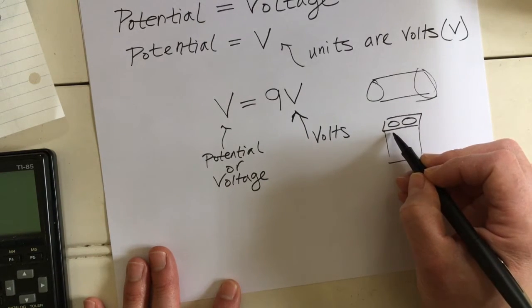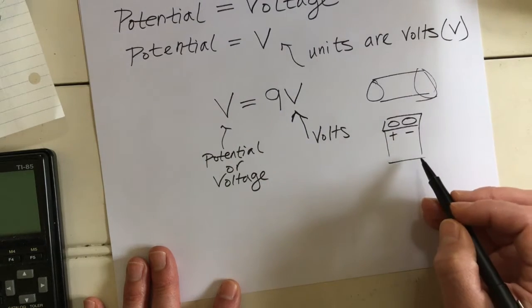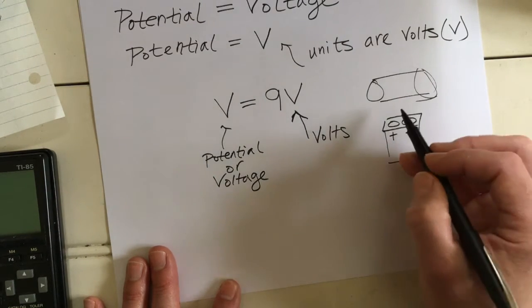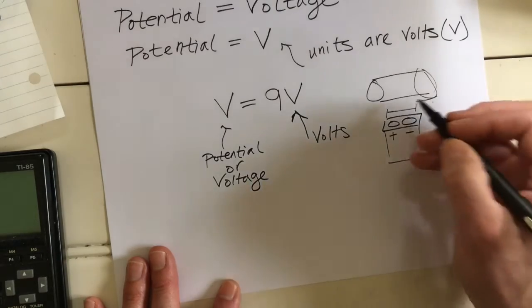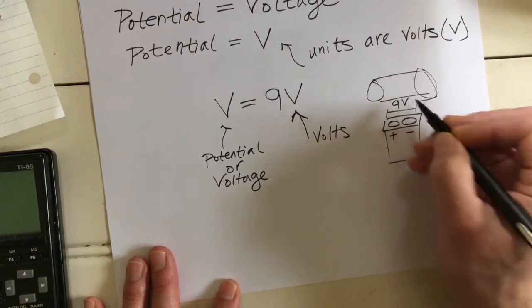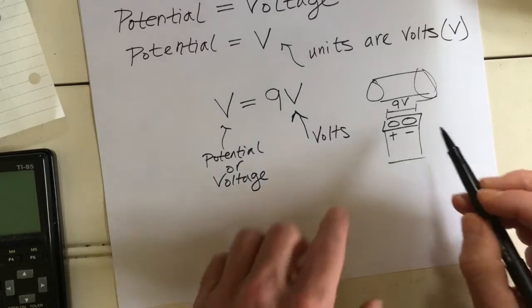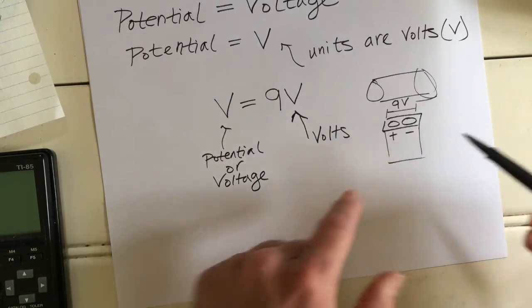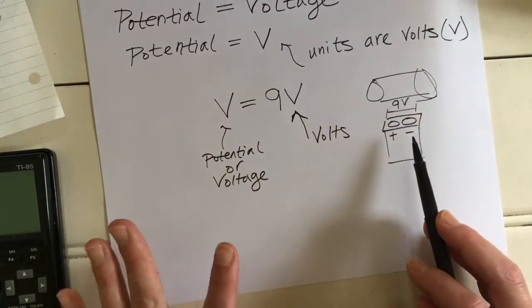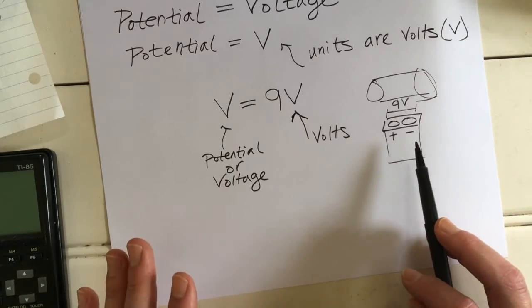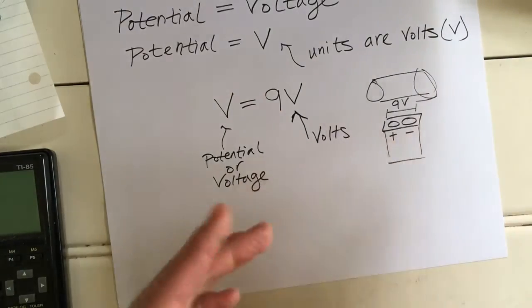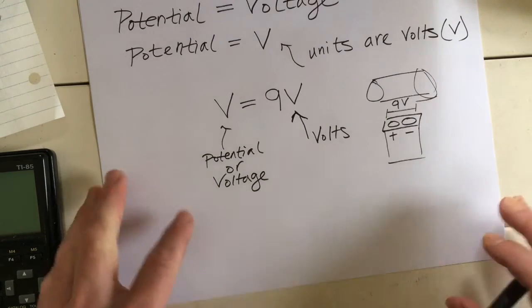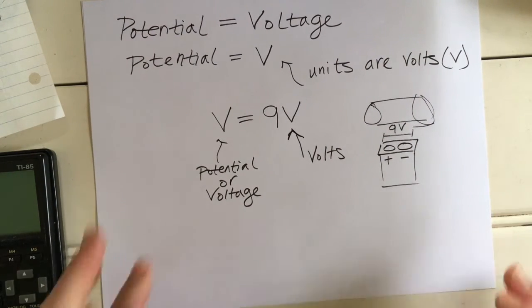And you have a positive and a negative terminal. What that's saying is there is a potential difference between these two points of 9 volts. A battery will create a constant potential difference of 9 volts between its positive and negative end, and that's what I'm trying to say here.